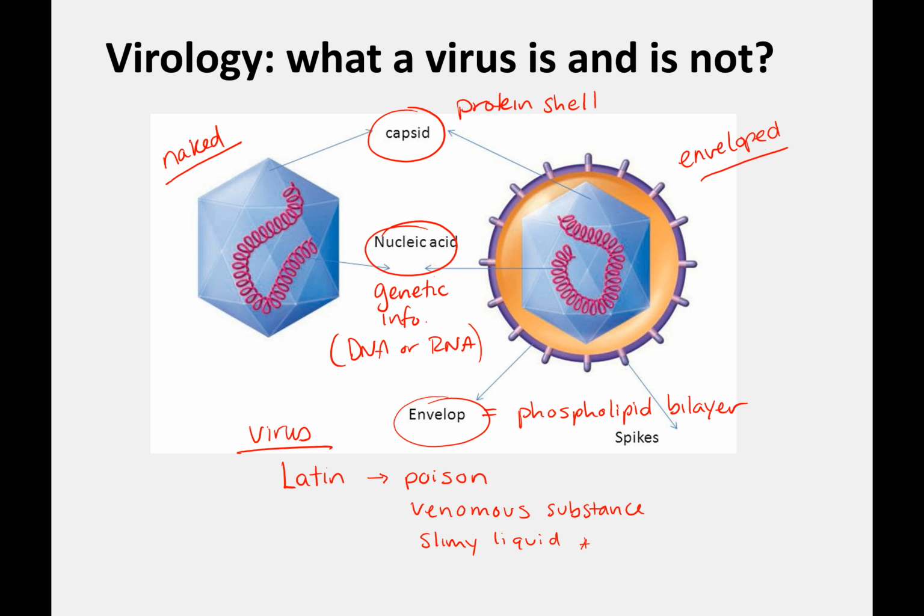We'll talk a little bit more about these differences and some examples of them. But basically all viruses have a protein shell, which we call a capsid, and some kind of genetic information inside it. A virus is not a cell.